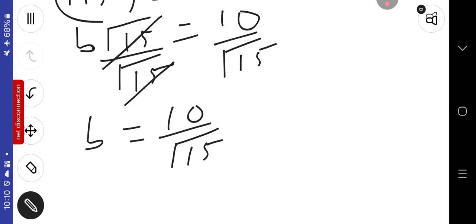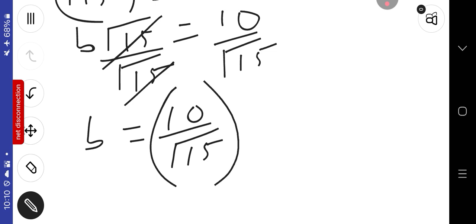Here we are going to rationalize. We are rationalizing because the square root is on the denominator. If the square root was on the numerator, it would have been okay. Do you get me? So always when you have cases where the square root is in the denominator, we rationalize.